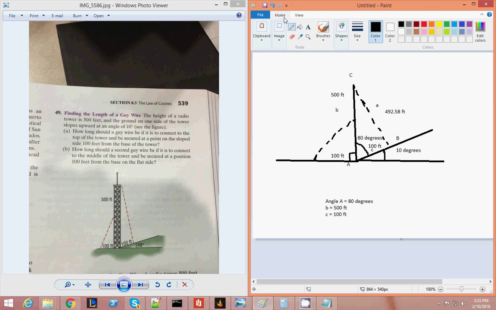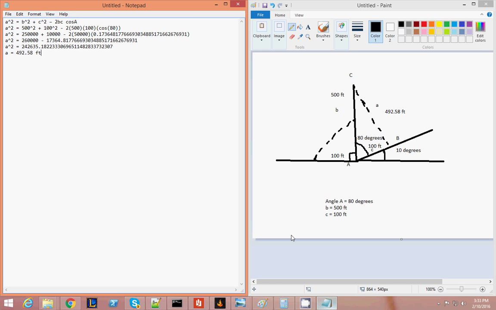So going back to my notepad here, a squared plus b squared is equal to c squared. We'll say that 100 feet is a squared. And actually, you know what? Let's go based off the values that we've already given. So this is a. On the other side, opposite side would be little case a, right?